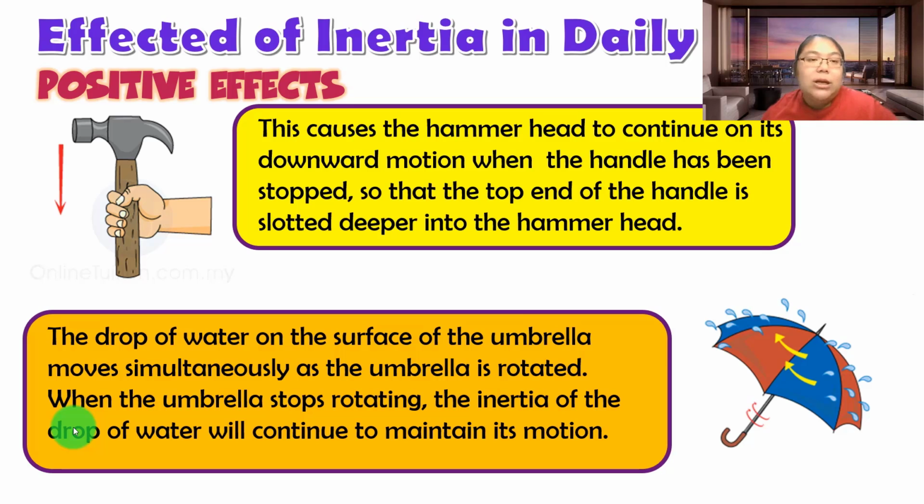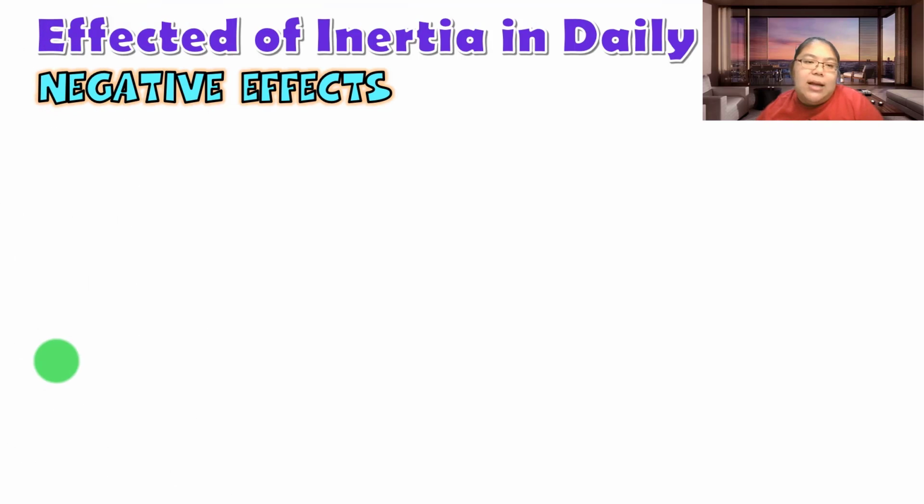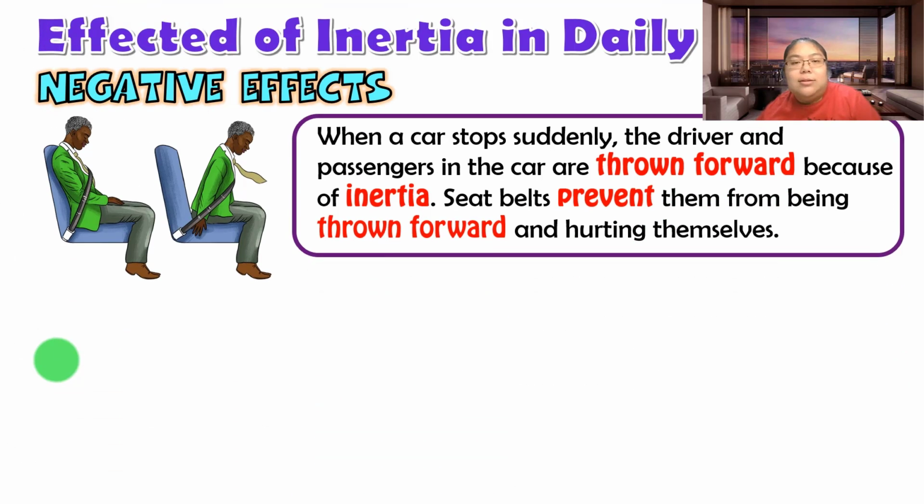So when there is positive, there is surely negative. Okay, let's see the negative. The first negative is the seat belt. When the car stops suddenly, the driver cannot stop immediately, right?